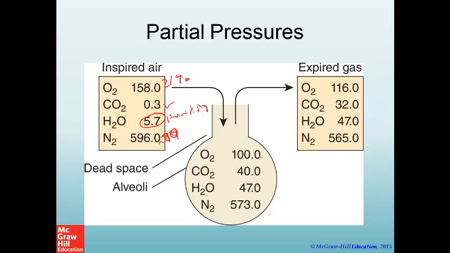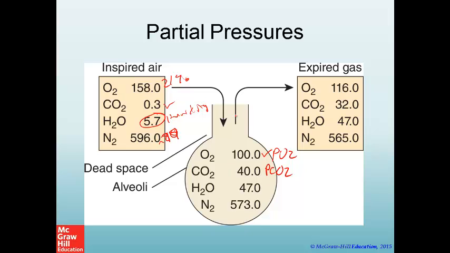By the time it gets to the alveolus, you've got a PO2 of roughly 100. You've got a PCO2 of roughly 40. And this is because there is air that is trapped, remember, in these bronchi, dead space, that doesn't participate in gas exchange.